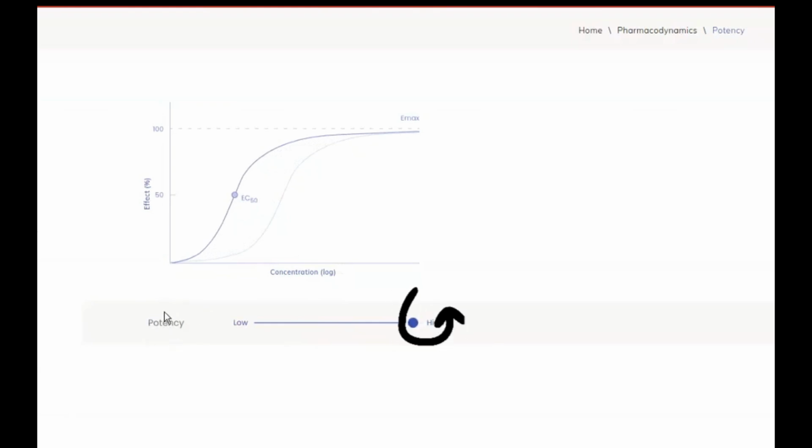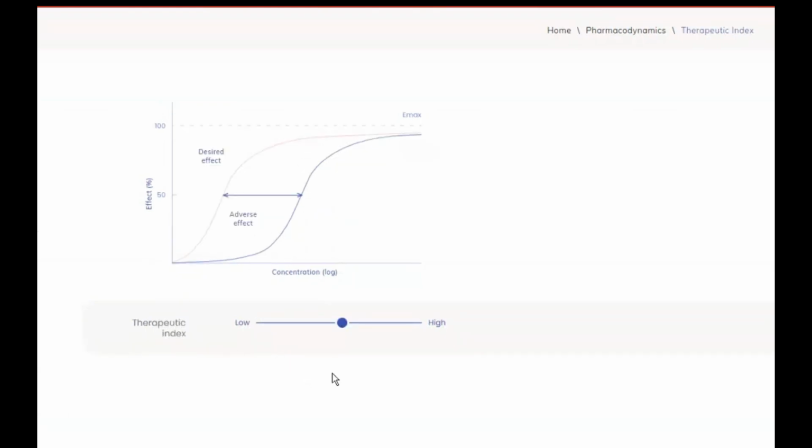So the relation is inverse between the potency and the concentration. In potency, we have to look at how much dose is required to produce 50%, regardless of the Emax. While drugs that require very high concentrations to produce 50% of the Emax are termed low potency agents.